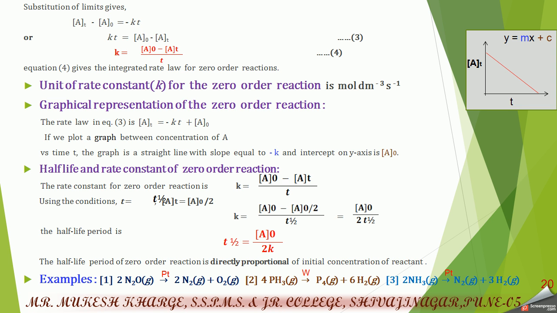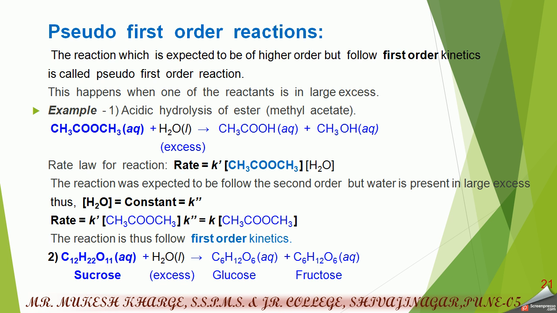Now the next point. Zero order reaction we already discussed. Now we have to discuss pseudo first order reaction. So what does pseudo mean? False. So the reaction which is expected to be higher order but follows first order kinetics is nothing but pseudo first order reaction.